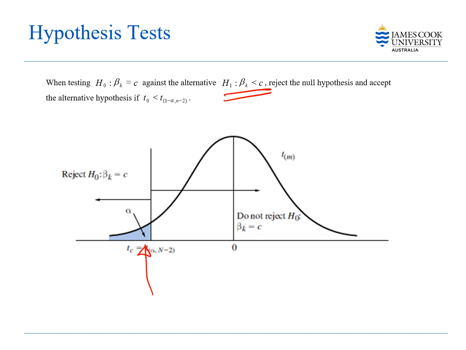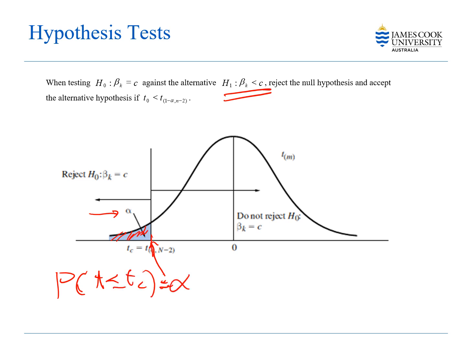First choose a level of significance alpha, 5%, 1%, 10%. Determine the critical value. The critical value is the level of t so that the probability that T is less than tC is equal to alpha, this region.